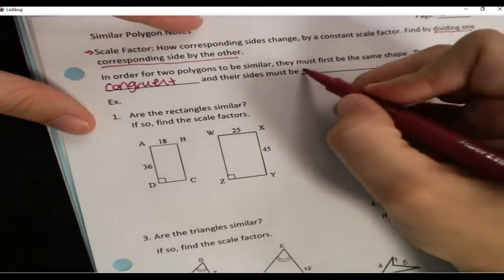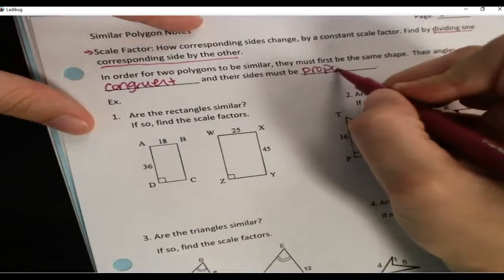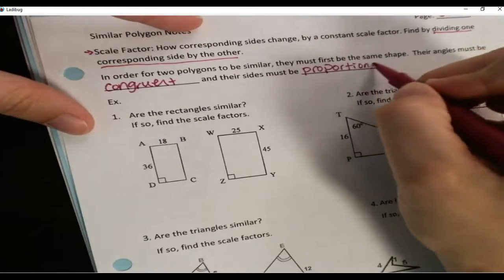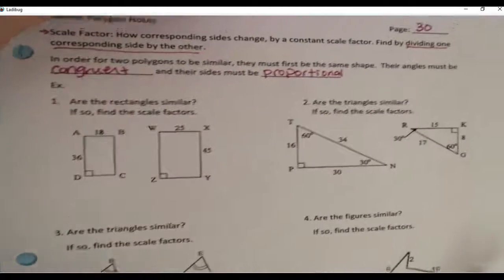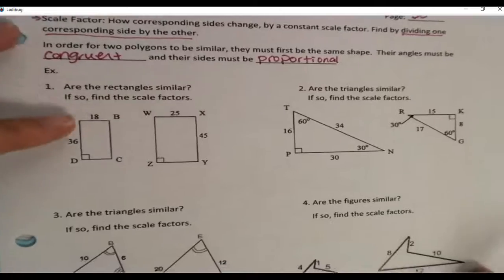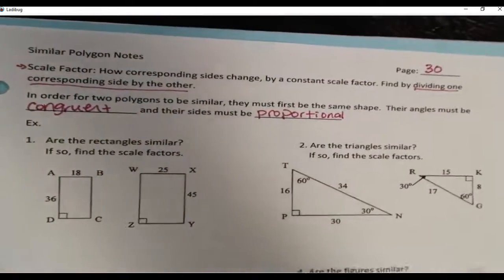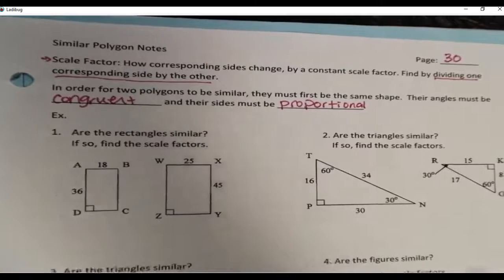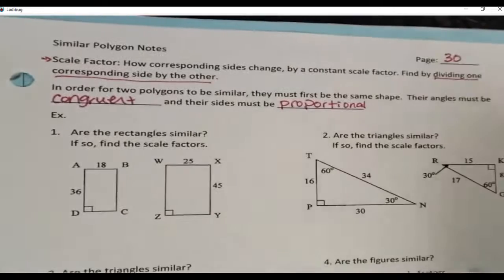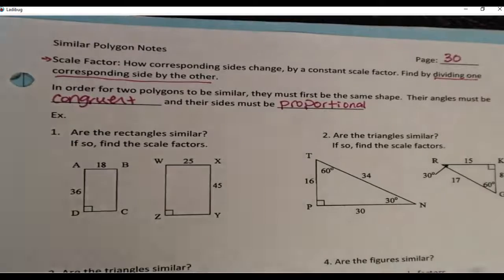And their sides must be proportional. So their angles are congruent and sides are proportional. And again, this is the corresponding angles and the corresponding sides, just like last unit. So we want to match them, and then we want to make sure that all of the sides are proportional.